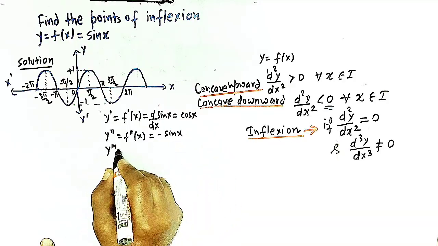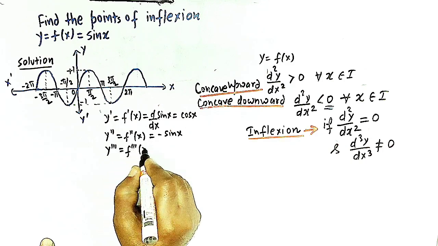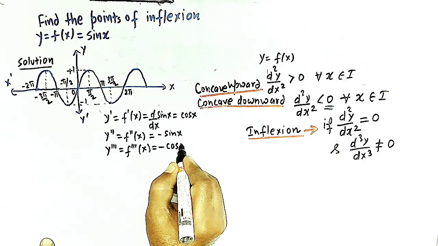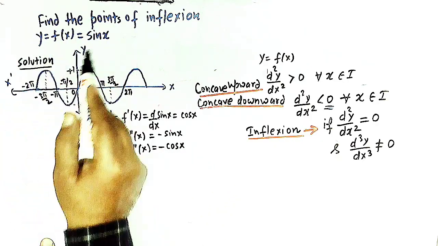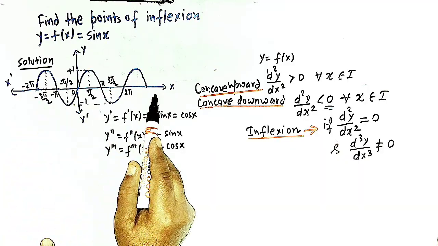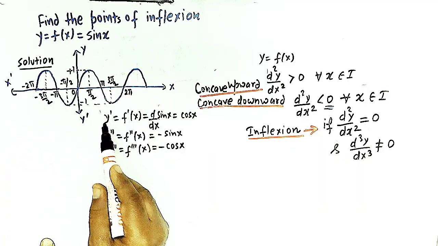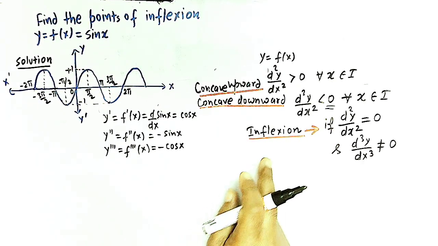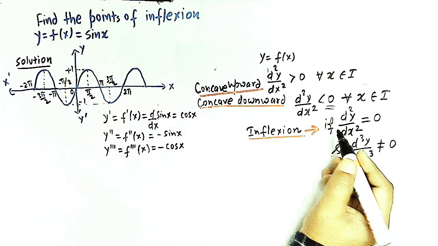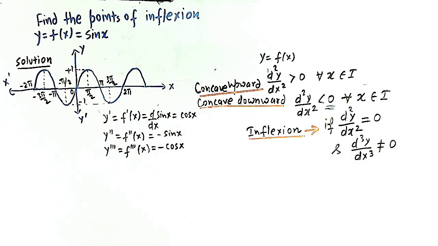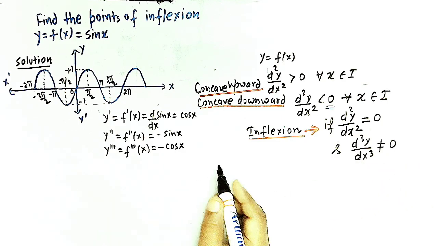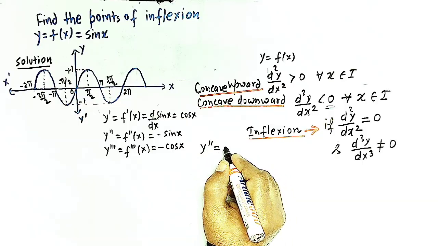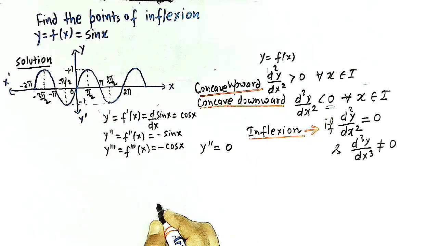And then we find out the third derivative, and here we have minus the derivative of sine x, which is minus cosine x, right? So for this function y is equal to sine x, we have the graph, and then we have the first derivative, second derivative, and the third derivative. So now for the points of inflection, we have this condition: if the second derivative is equal to 0, and the third derivative is not equal to 0. So here we can equate y double prime is equal to 0 to get the points of inflection.